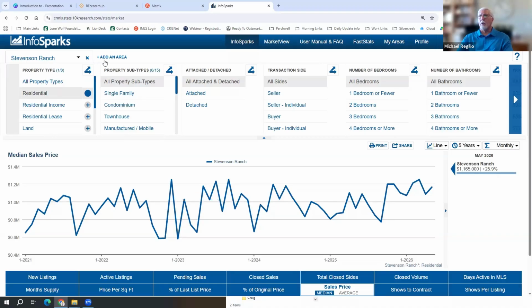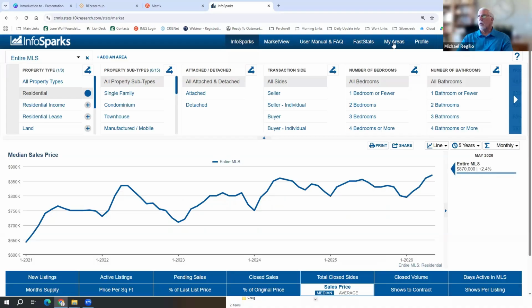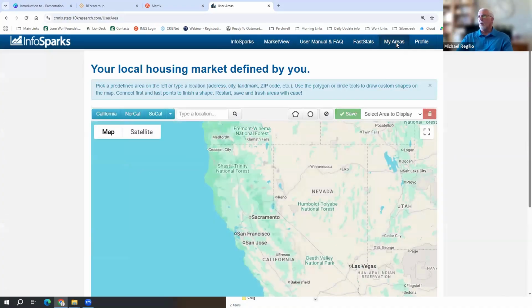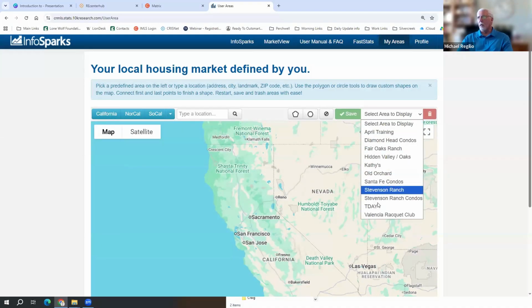And the way that we do the map search is we're going to come into the area here called My Areas. If you want to, start out by defining a couple or saving a couple areas. I've got a few here that I've put together.